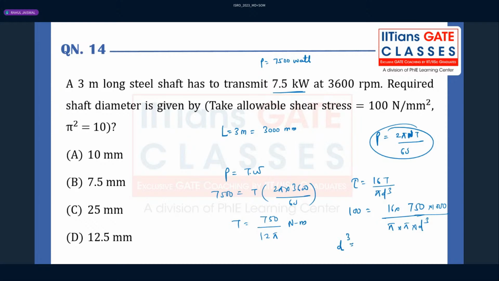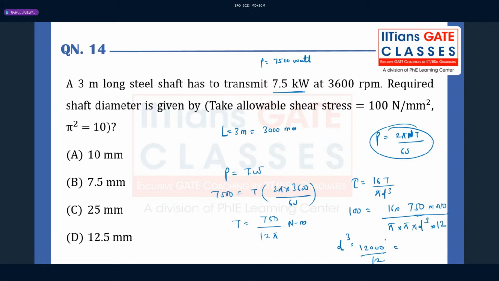Now, this particular problem, if you want to solve, very first you have to calculate what is the d cube value. Pi square is 10. 16 into 750 into 1000 divided by 10 divided by 100. So you will be getting d cube as 12,000, divided by 12, because 12 is also there, right?